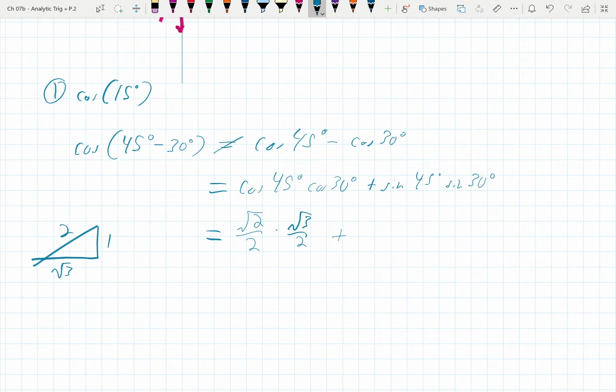Plus, isn't the sine of 45 the same as the cosine of 45? Root 2 over 2. And the sine of 30 is the one that's left over. 1/2. Simplify. This is going to be root 6 plus root 2 all over 4.